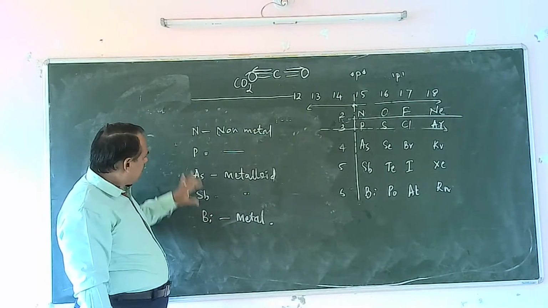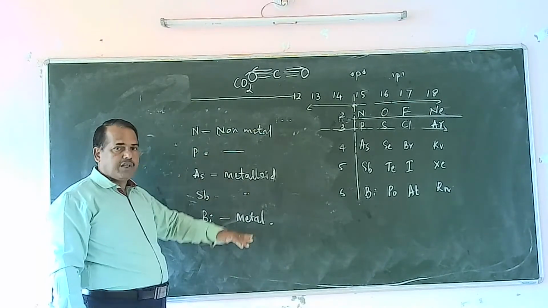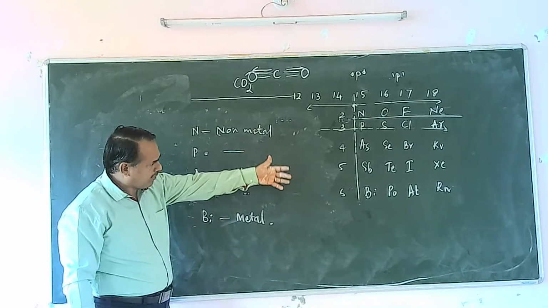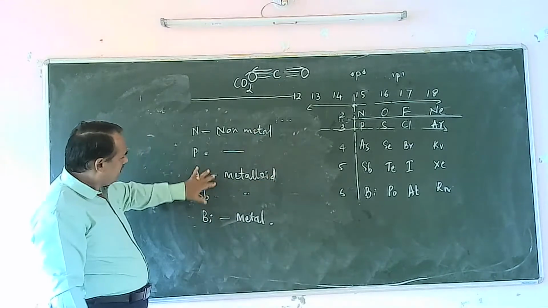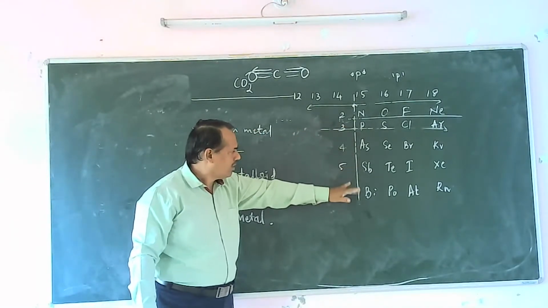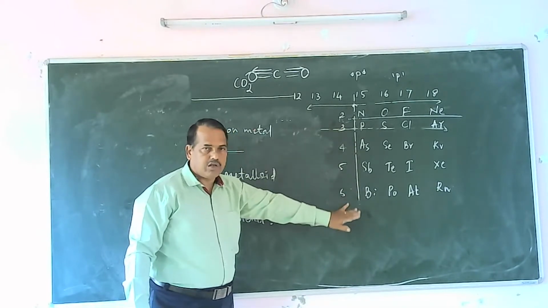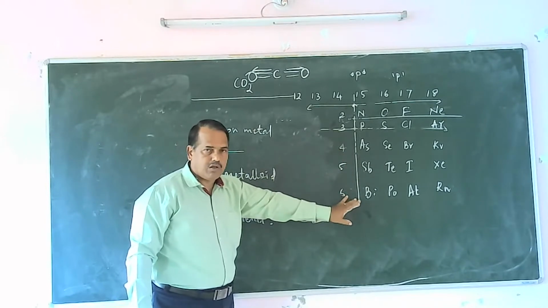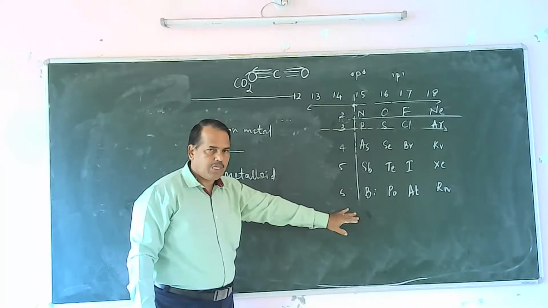See here, after third period elements, that is from arsenic, antimony, bismuth, as you come down, electronegativity decreases, and electron gain enthalpy also decreases.